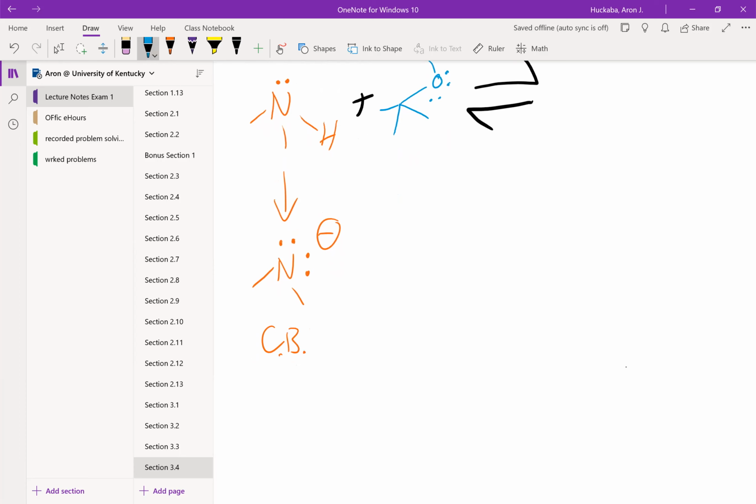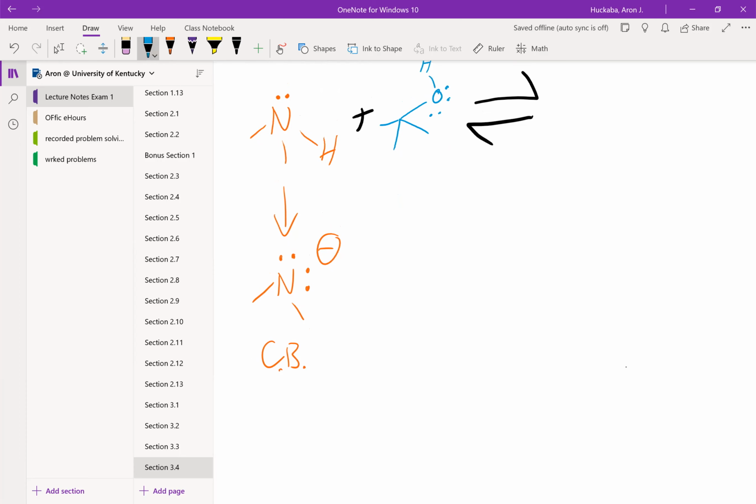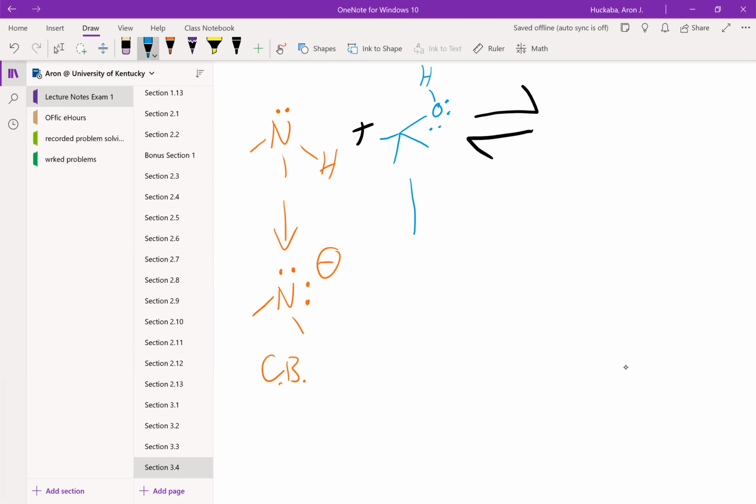Okay, and for the oxygen one, we have, there we are. That's the conjugate base of the oxygen molecule.